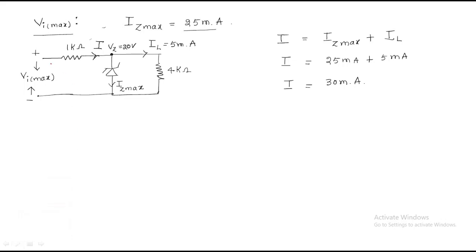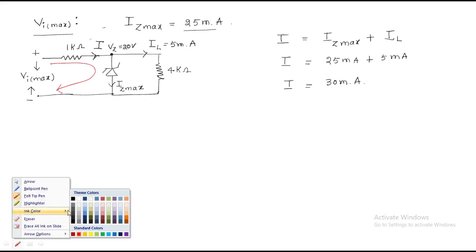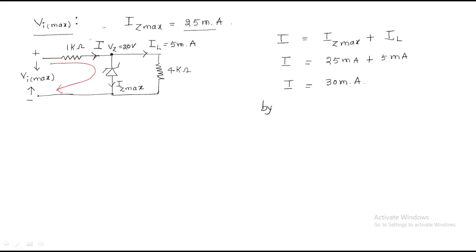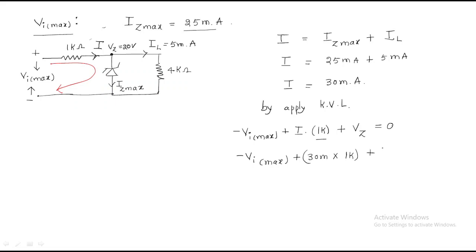By applying the loop equation, KVL, we write the equation like this: minus VI max plus the drop across this, which is current into 1 kilo ohm, plus the Zener voltage. So 30 milliamps times 1 kilo ohm plus VZ equal to 20 volts equals 0.